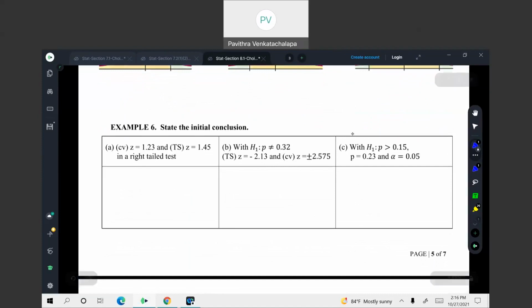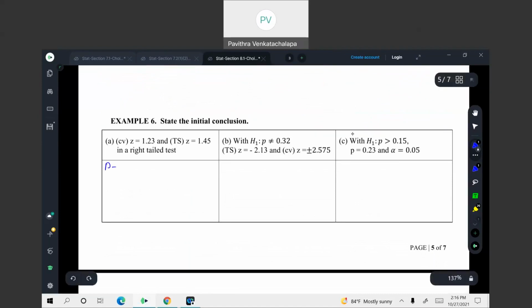Here, you need to find the p-value. The z-score is given. Which z-score do you use? You use the statistic z equal to 1.45. Now, find the alpha. How? Using the CV, z equal to 1.23. For both of them, you use normal CDF, and you know how to do this. So, this is a right tail.